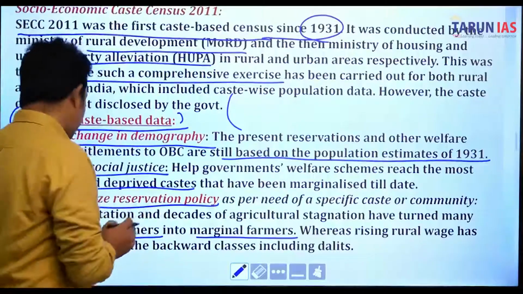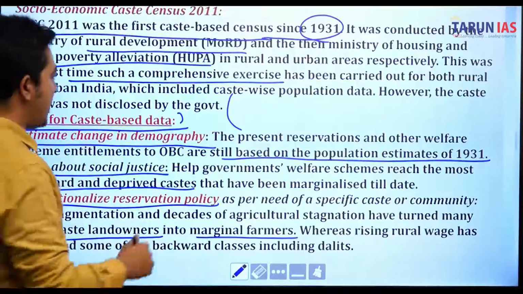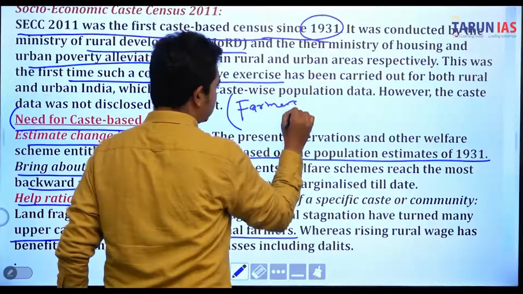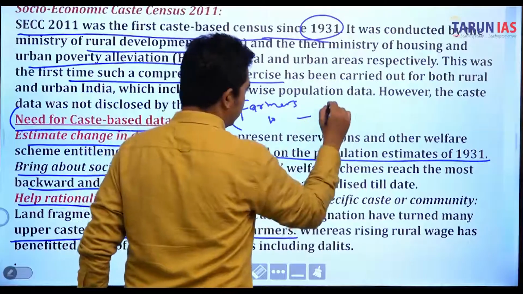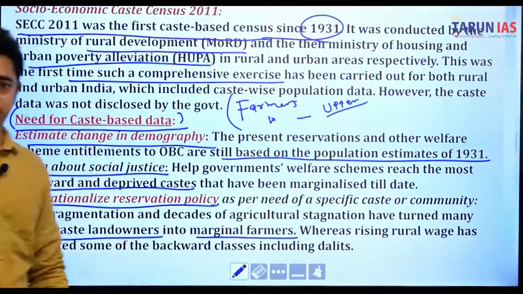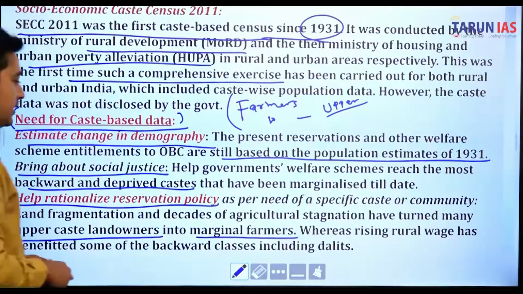Because of land fragmentation, we can see lots of farmers, and the maximum land is owned by the upper caste, so we are not giving equality to that particular caste. Agricultural stagnation has turned many upper caste landowners into marginal farmers, whereas rising rural wages have benefited some of the backward classes, including Dalits as well.